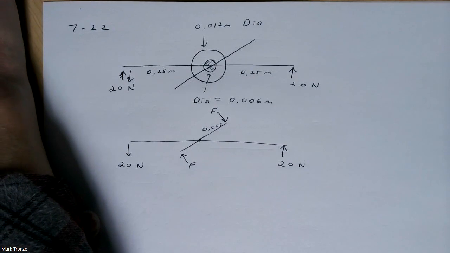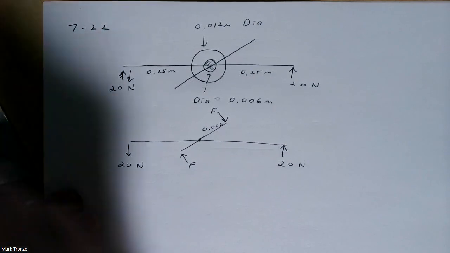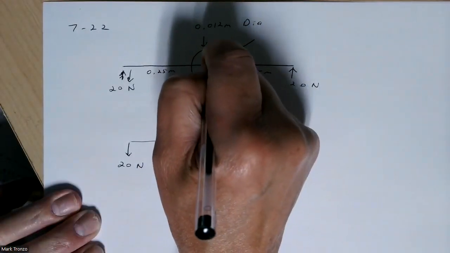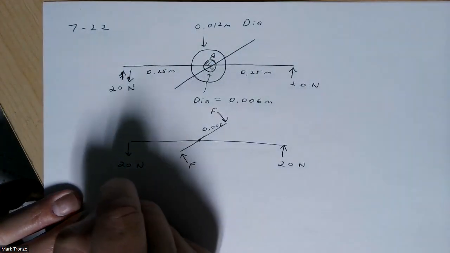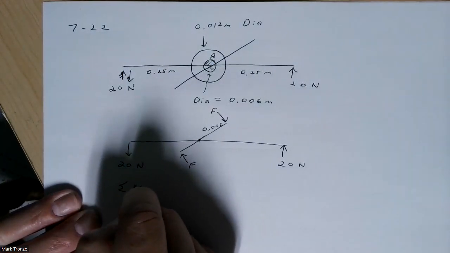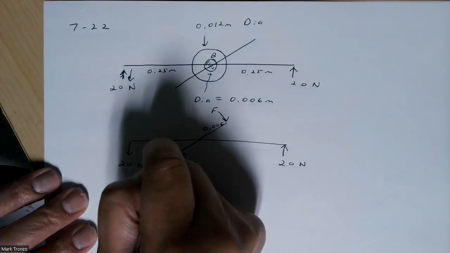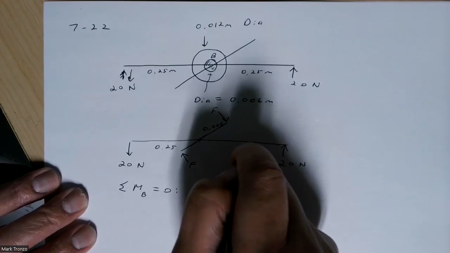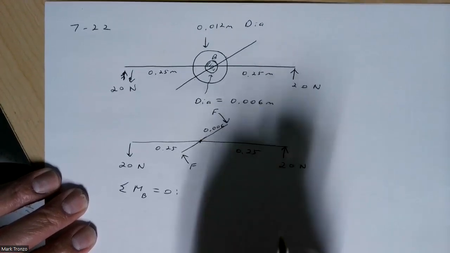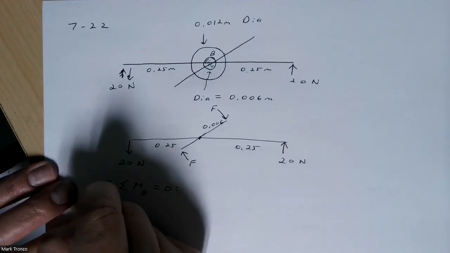whatever that center is called, they call that center B. So let's sum the moments about B. And so we're going to have, you could treat it as a couple, I'm going to just treat it as a moment.